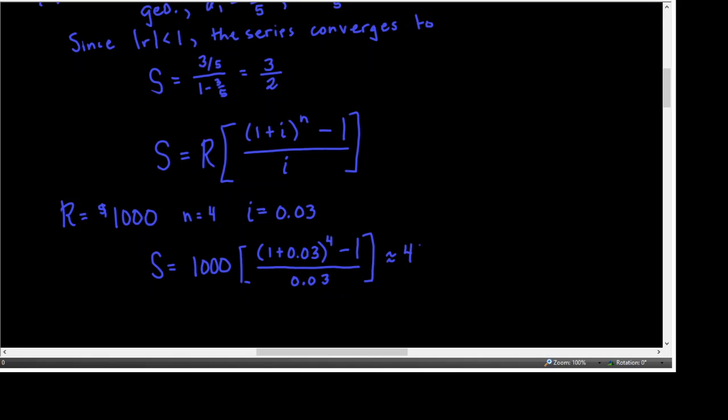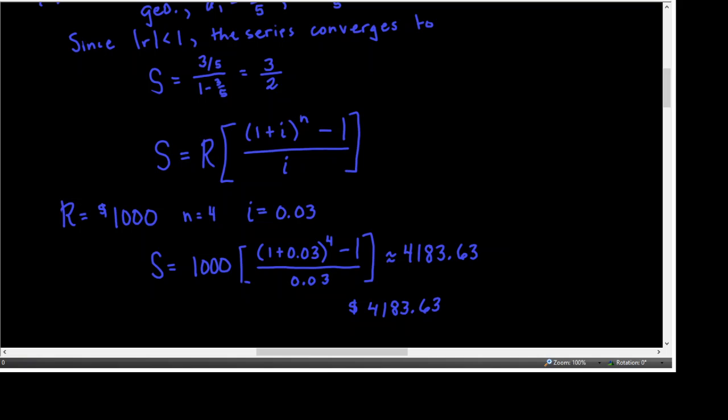And whatever answer you get, round to the nearest cent, that is, to the nearest hundredth of a dollar. And so the future value of that annuity ends up being about $4,183.63.